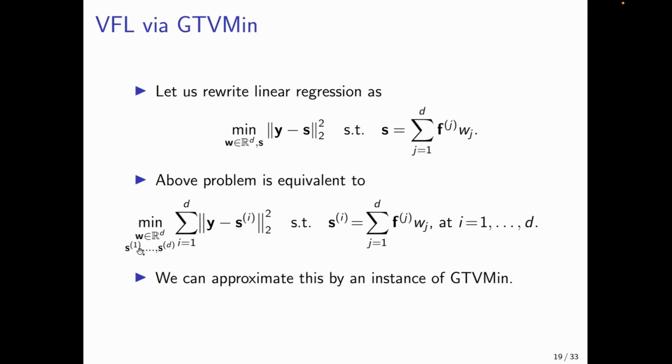I have introduced here auxiliary model parameters S, and these model parameters S should be a copy of the predictions delivered by the global linear model. So you want to train a global linear model, but in a distributed fashion. How do I do it? Well, I copy this global linear model using these auxiliary model parameters S^i.